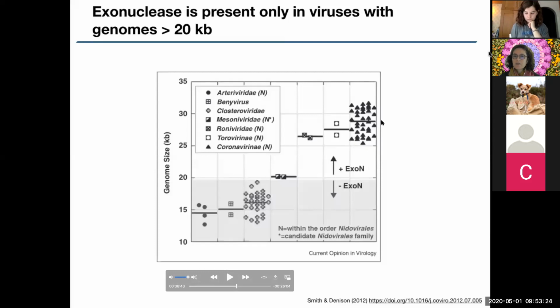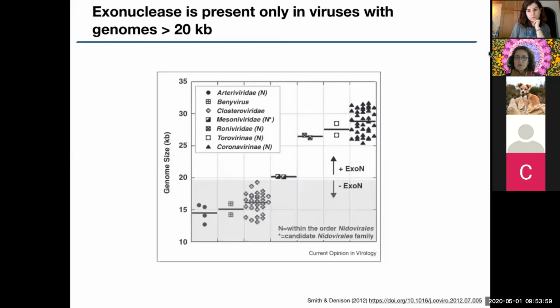That seems not so confusing: as your genome gets larger, assuming a certain error rate in the RdRps and a certain level of processivity, you're going to need some sort of error repair to maintain the fidelity of the genome and some viability. I put that in quotes because, of course, there's controversy about whether viruses are alive, but if you at least want the genome to be heritable, there needs to be some fidelity in its replication.